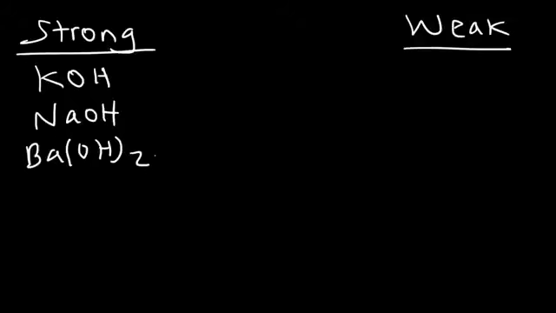They ionize virtually completely. Think of the strong acids like HCl, HBr, HI. The reason why they're strong is because they ionize almost 100%. So these are soluble, and as a result, they form strong electrolytes. And so they make strong bases.